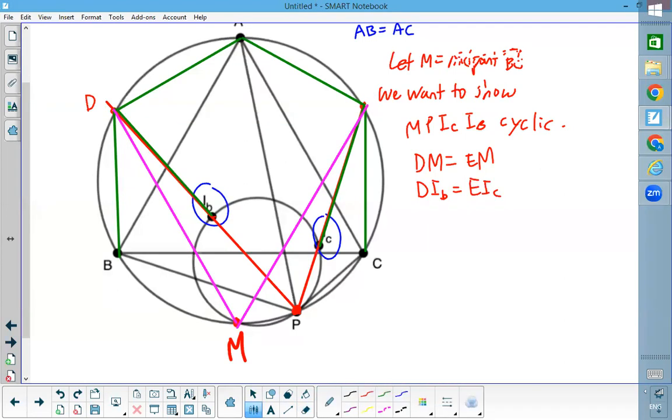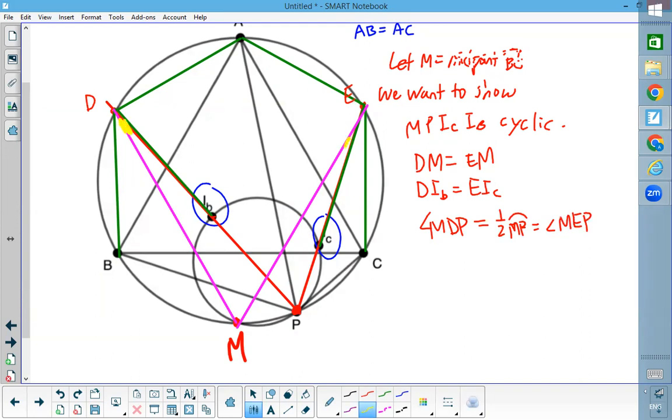This point is E. And then we also have the angle MDP, the angle D of these two triangles. MDP is equal to 1/2 of the arc MP, and that is equal to the angle MEP. So these angles are equal.